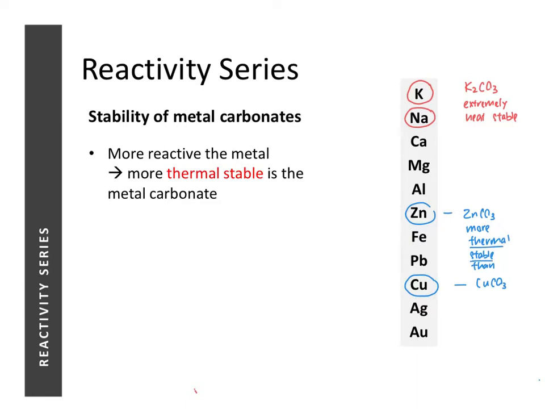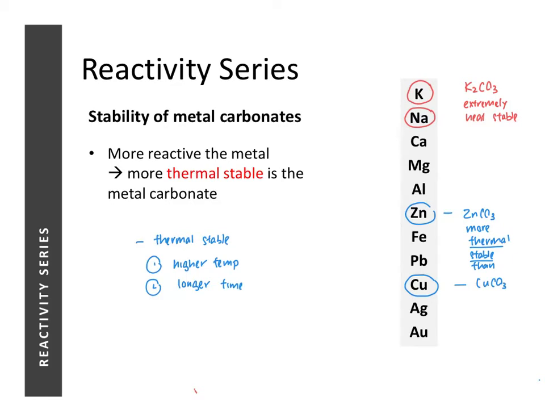It means that in order to decompose zinc carbonate, it will require a higher temperature compared to copper 2 carbonate, or you will need a longer time to decompose zinc carbonate as compared to copper 2 carbonate.